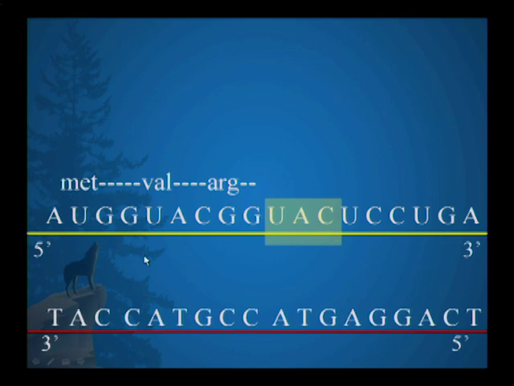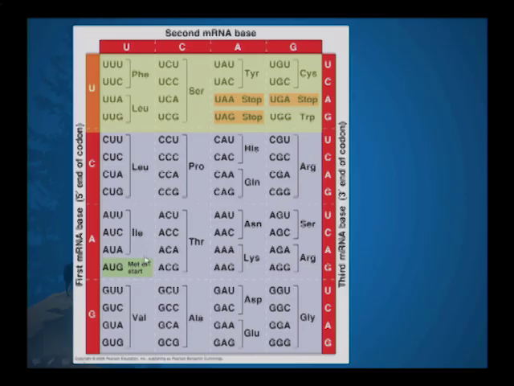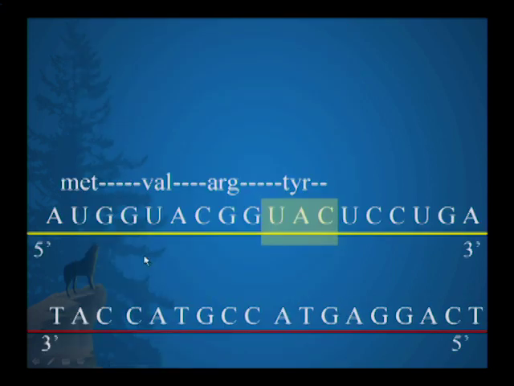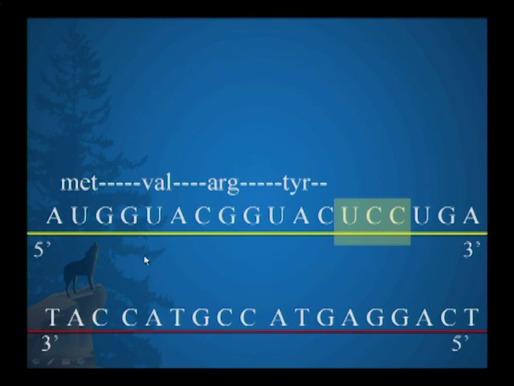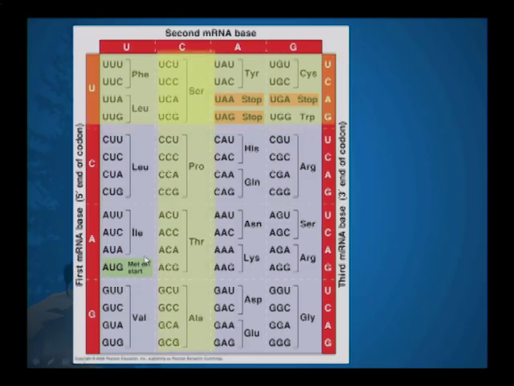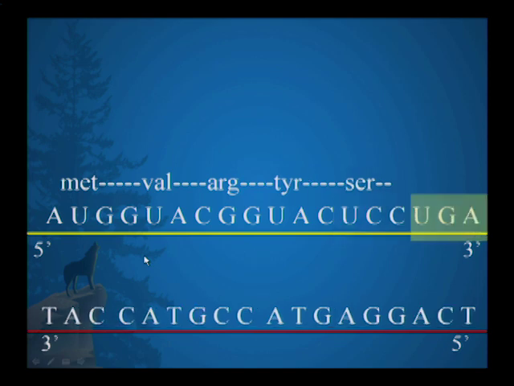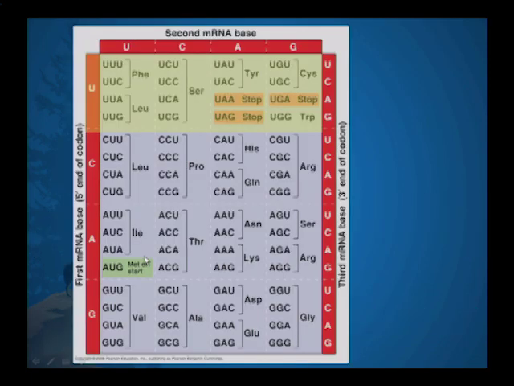Then the codon 5' UAC, UAC, that's going to correspond to the amino acid tyrosine. UCC translates to serine.